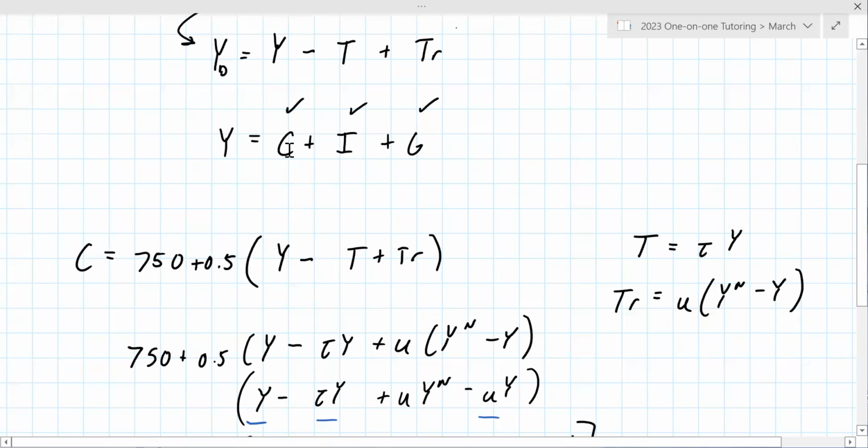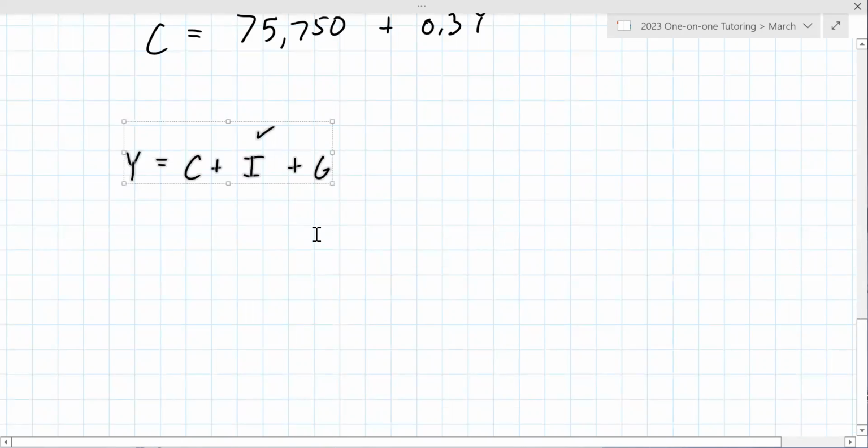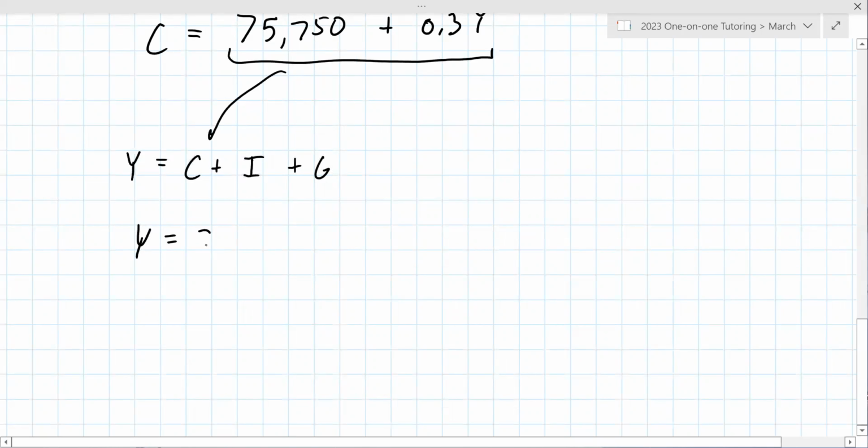And the reason we were doing all that is because we wanted C in this equation, which we kind of had. It just was in terms of Y. So now we're going back to Y equals C plus I plus G. So then Y equals 75,750 plus 0.3Y plus the numbers we were given.